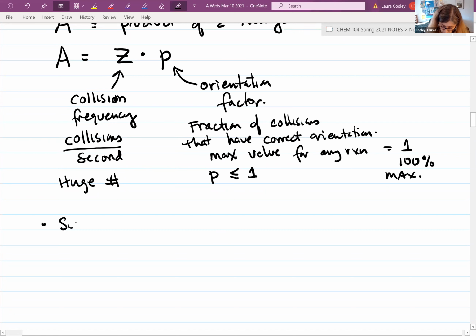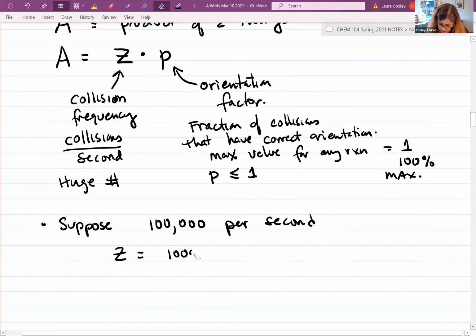So let's suppose there are rather modest collision frequencies. Let's suppose there are 100,000 collisions per second for a particular reaction. So that would mean that Z would be 100,000 collisions in 1 second.